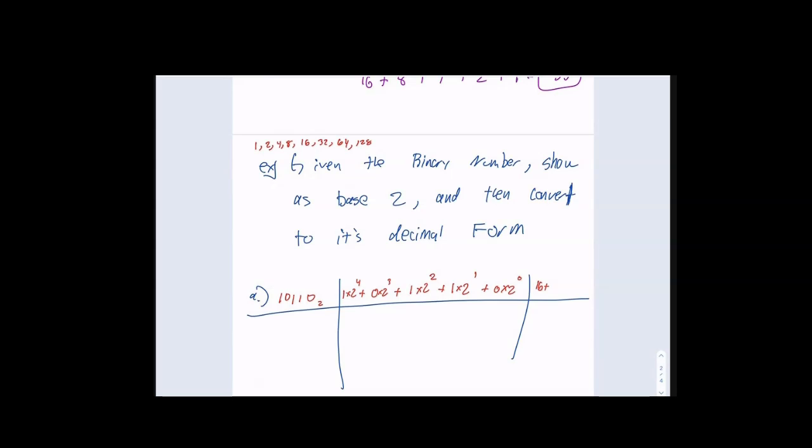The next number would be a 0 plus a 4 plus 2 plus 0. So 0 plus 2 plus 4, and then a 16. And so that number gives me 22.